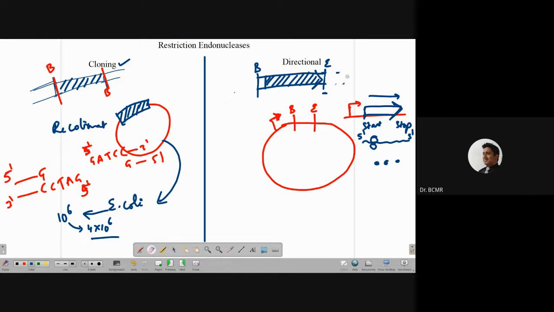And then you put it in between these sites here. So what you will then be able to do is, upon expression of the gene, you will get the required protein. So this vector would be called an expression vector. That is the topic of the next chapter, so we will discuss it at that time. But otherwise, many a time we have the requirement for directionality of cloning, and therefore we should do that.